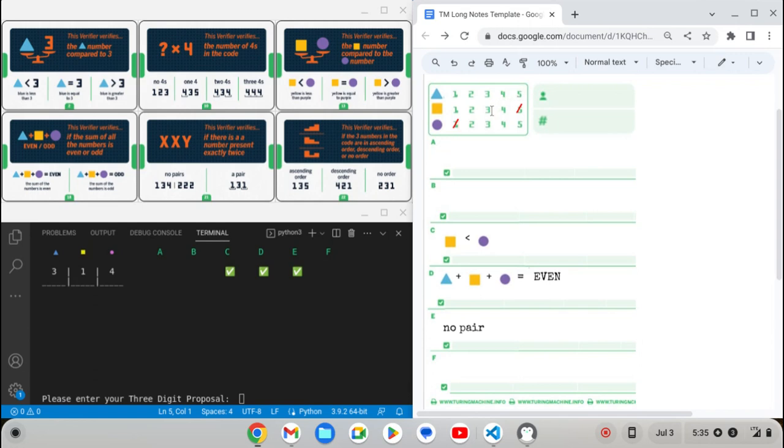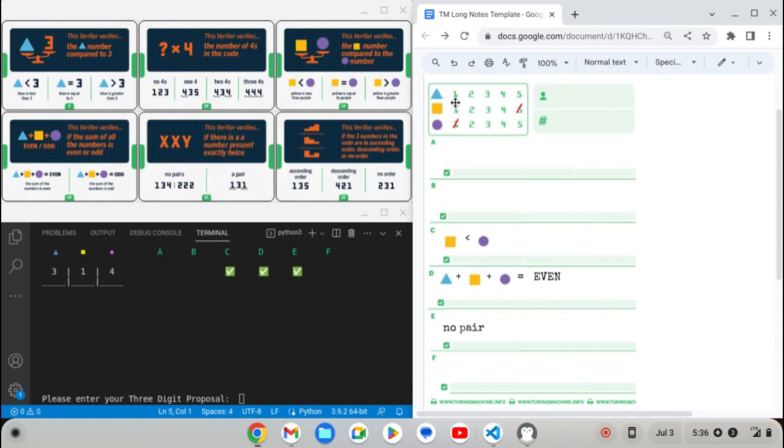It can't be descending because, again, we know square has to be less than circle, and descending would force square to be larger than circle, and that's not the case. Okay, so at least we can dismiss that it would be descending.